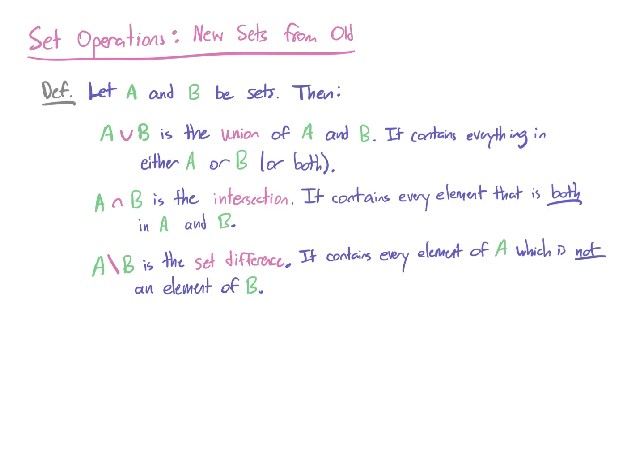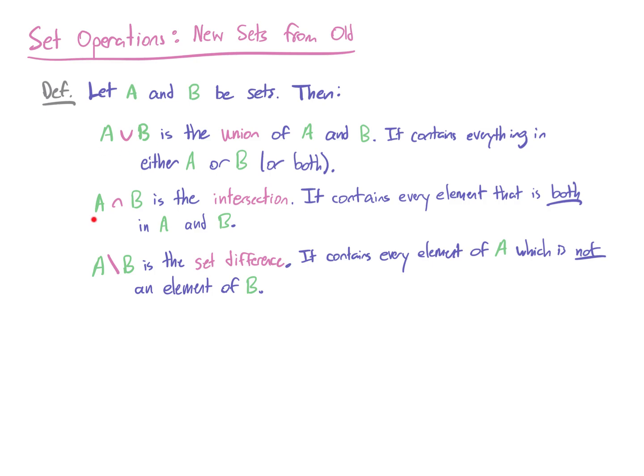We're going to define three different ways to combine A and B. The first one is called the union of A and B, and it's written using this cup-shaped binary operator. The union of A and B contains every element that's either in A or B or both. So anything that's in either of these two sets goes in the union. It doesn't have to be in both, but if it is, that's okay.